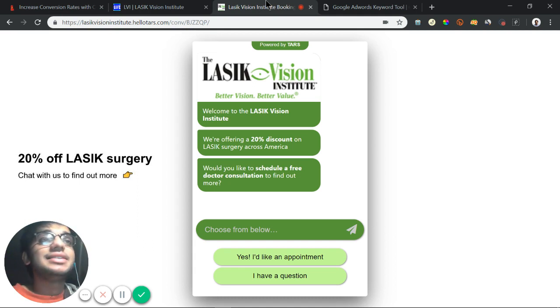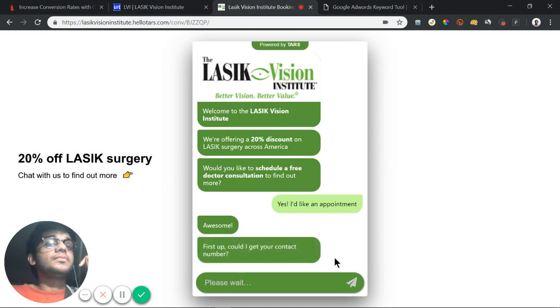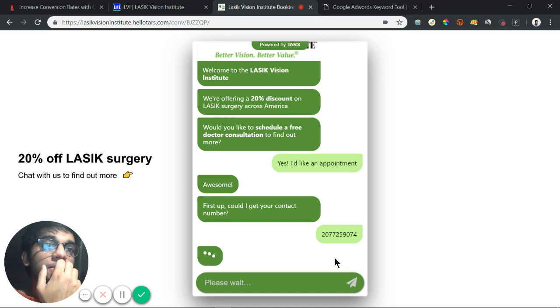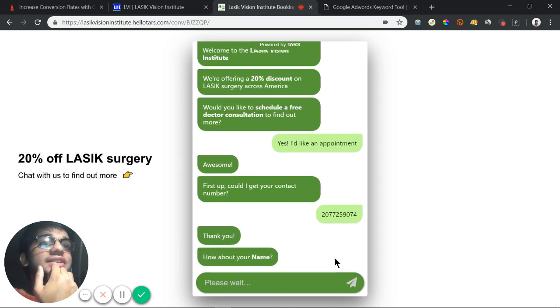And the second way this landing page helps solve the problems of the older landing page is that since it's a chat flow, if I want to generate a lead as a prospect, I'd have to click on yes, I'd like an appointment over here, and then have a conversation with the bot to generate my lead. So if I put in my number over here, it sends me another message asking me for my name. So I put my name in.